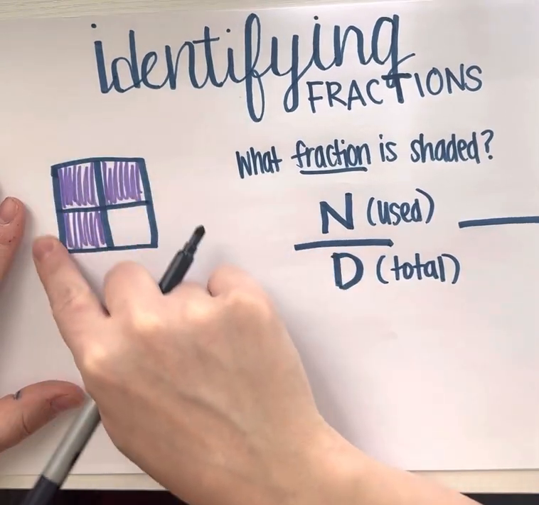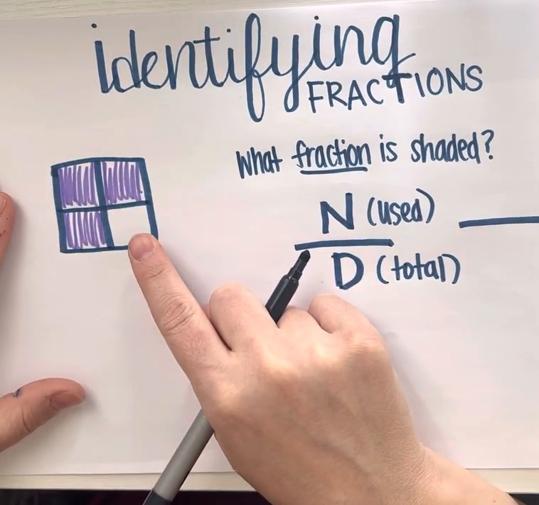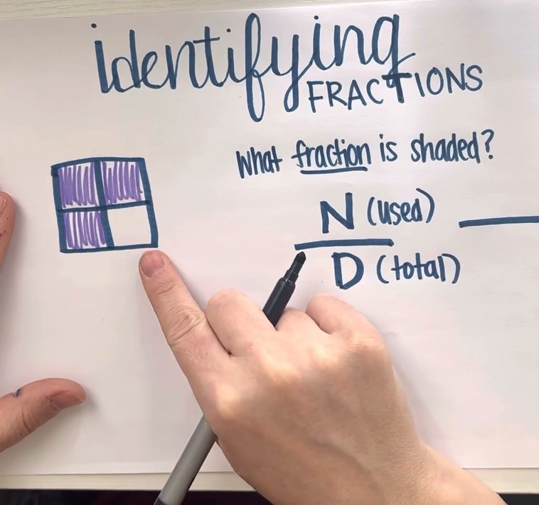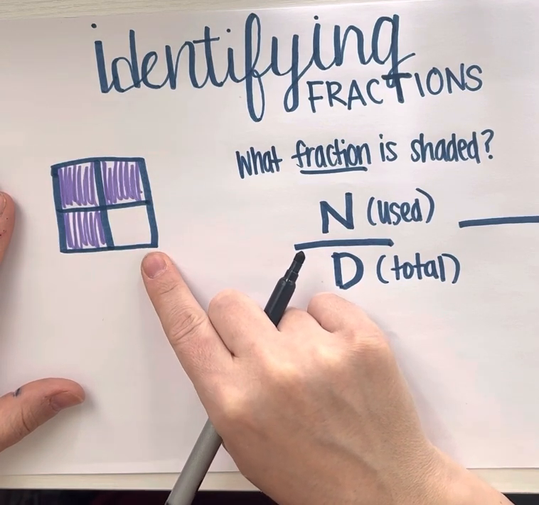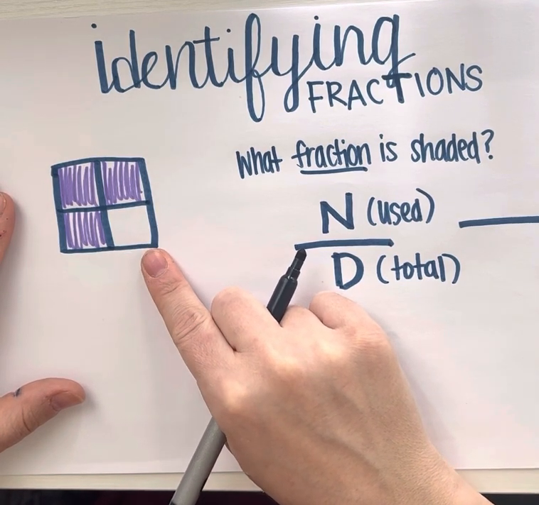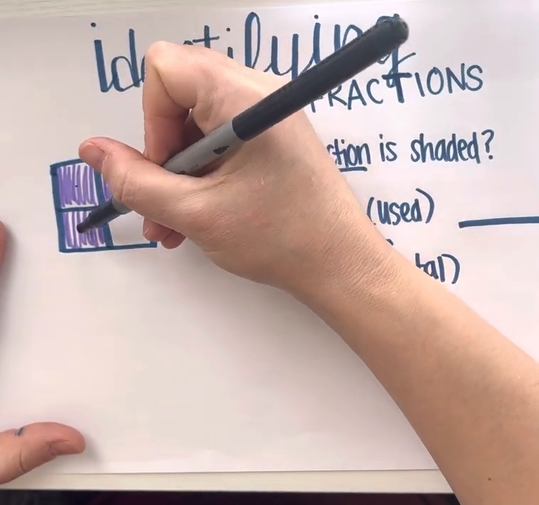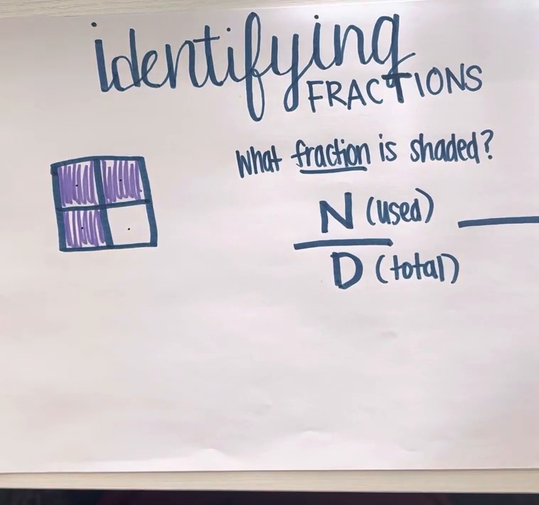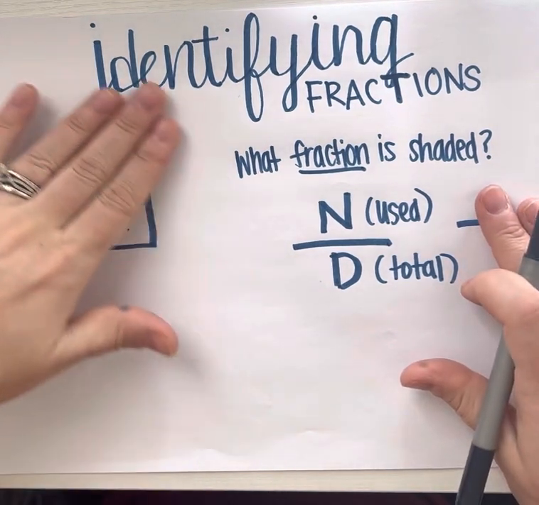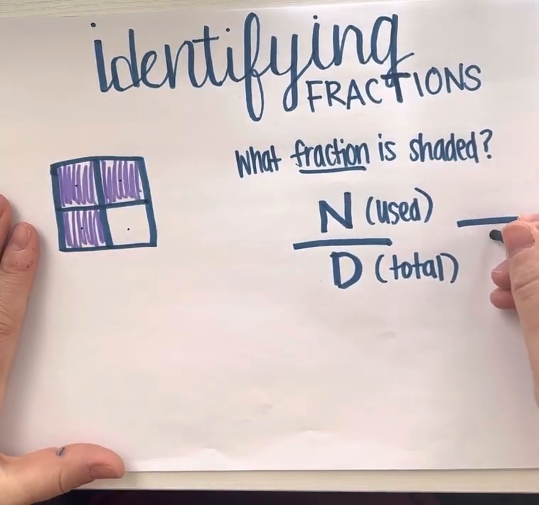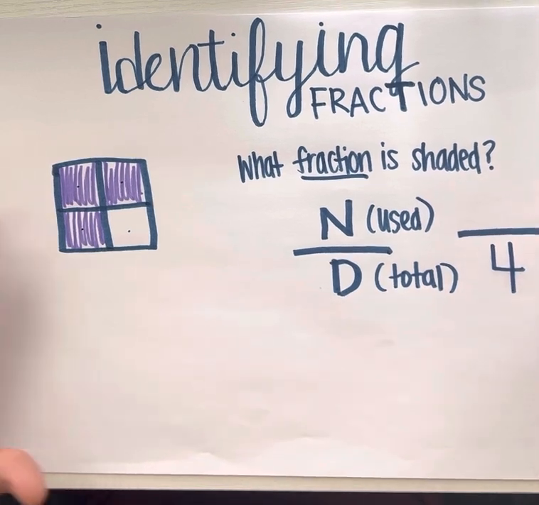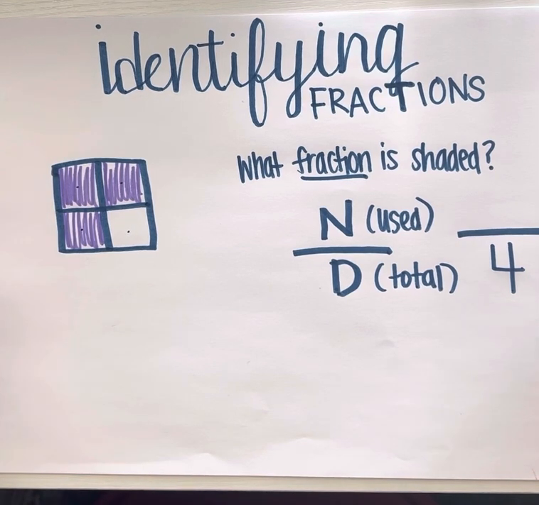So if I look at my whole, I want to see how many equal parts this whole is partitioned into or broken up into. So if I count 1, 2, 3, 4, there are 4 equal parts in this whole. So my denominator is going to be 4. That means my whole is broken up into fourths.